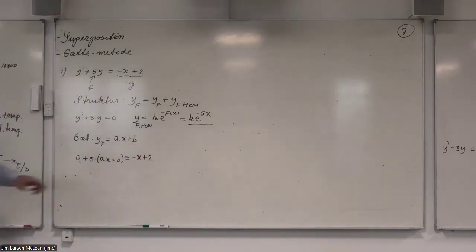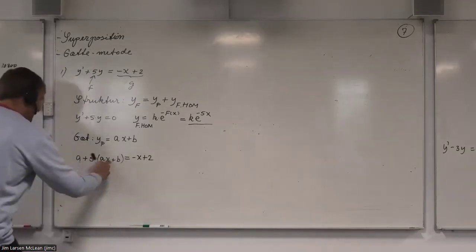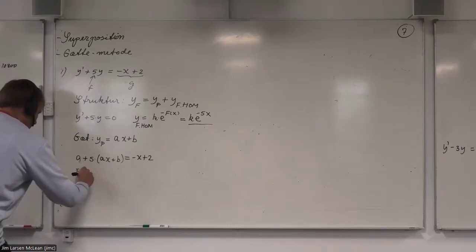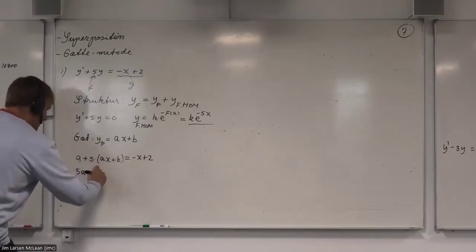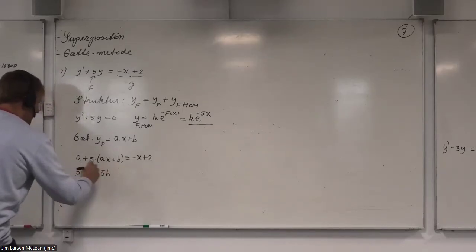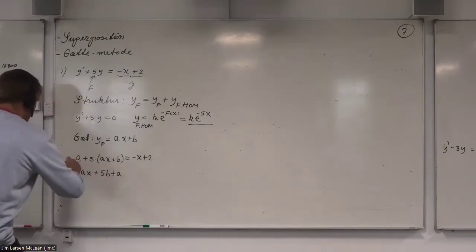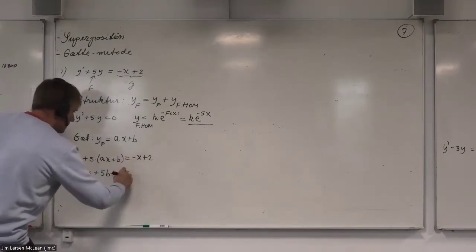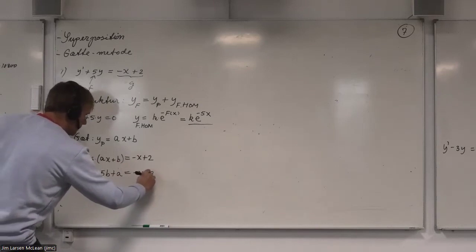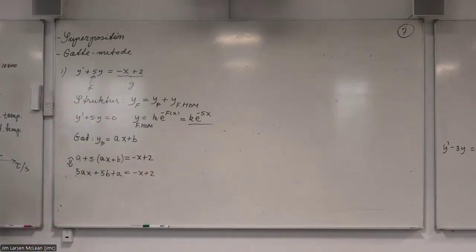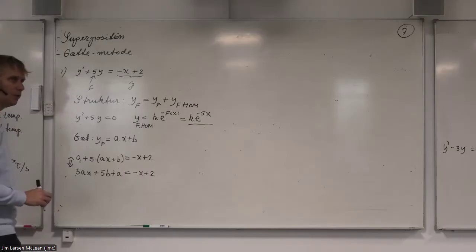And this equality must be true for any value of x. So we multiply out and get 5 times a times x plus 5 times b, plus a, and it still needs to be equal to what it was before, which is negative x plus 2. And now we can do it like before by comparing the coefficients of the polynomial.